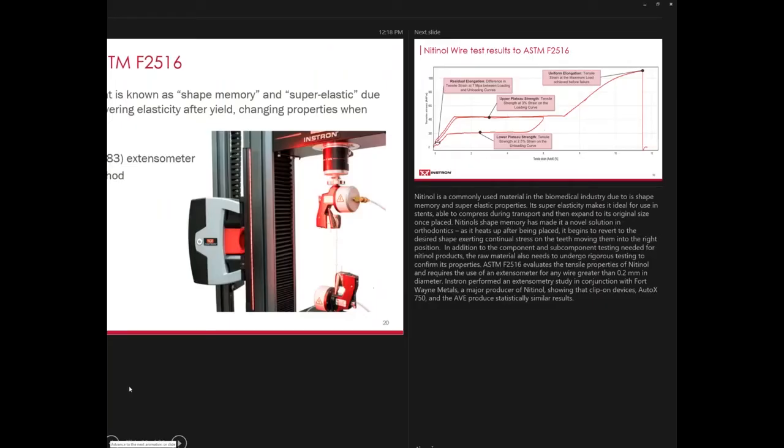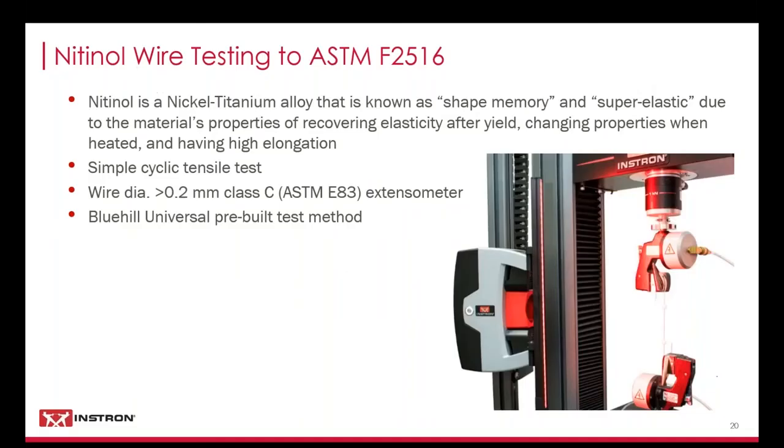In addition to the component and subcomponent testing needed for these products, the raw material also needs to undergo rigorous testing to confirm its properties. ASTM F2516 is the main standard that evaluates the tensile properties of nitinol and requires the use of an extensometer for any wire greater than 0.2 millimeters in diameter.